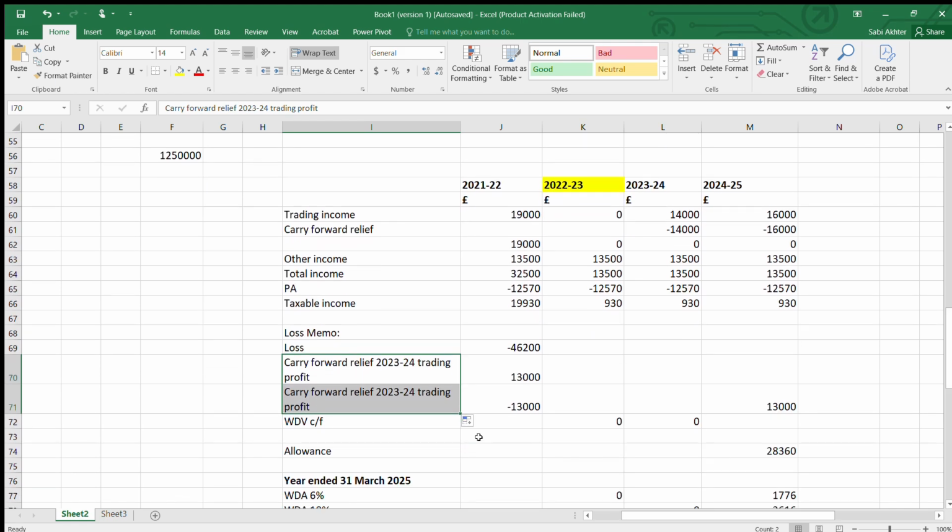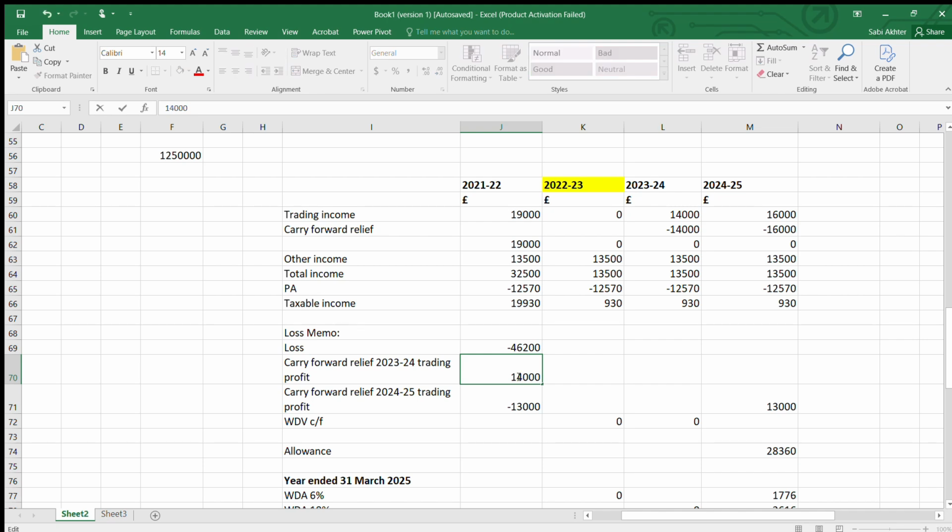Here it is 2024-25, same relief against trading profit. How much? 14,000, and in this case, 16,000. So now, unrelieved loss.